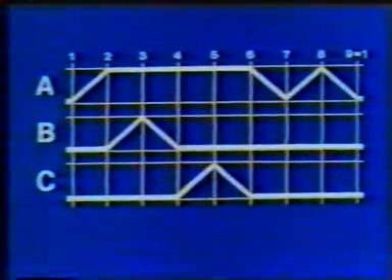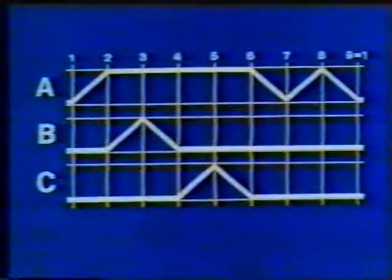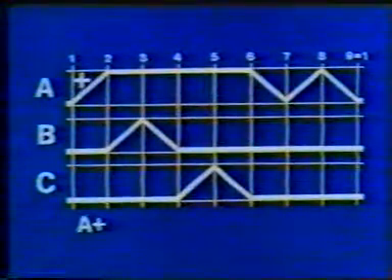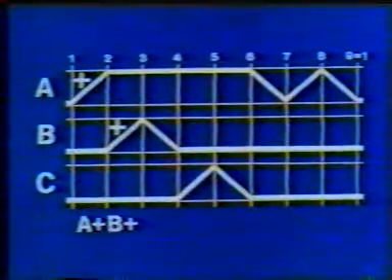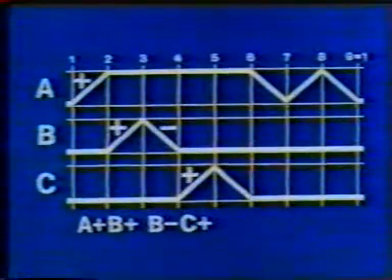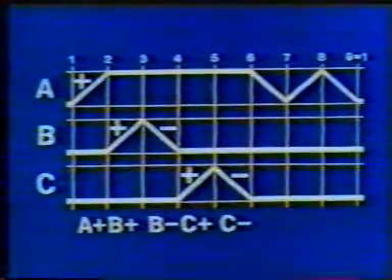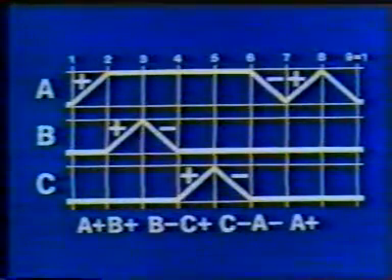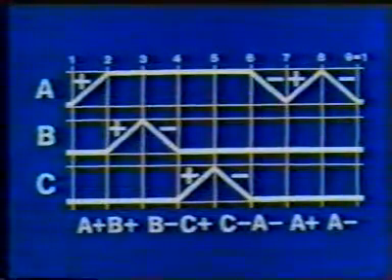In this example, we have frequent change of sign. A plus, B plus, B minus, C plus, C minus, A minus, A plus, A minus.